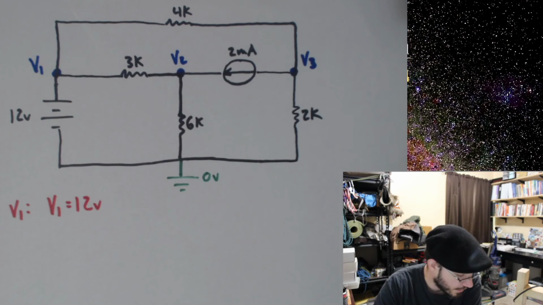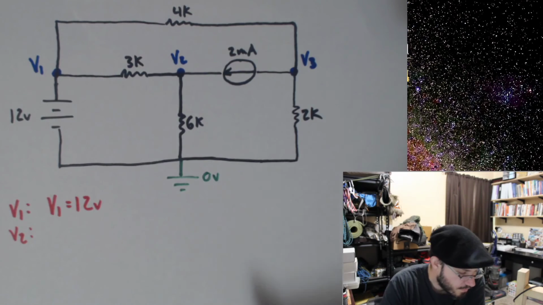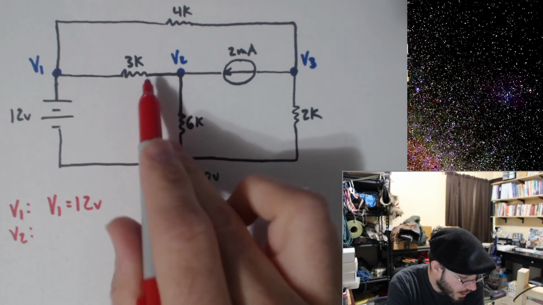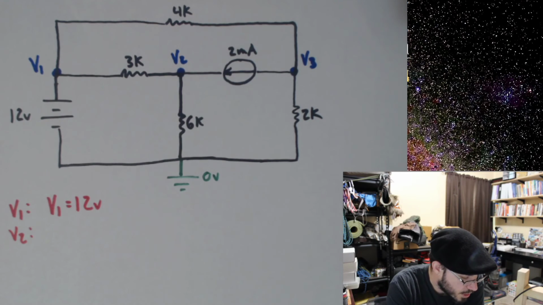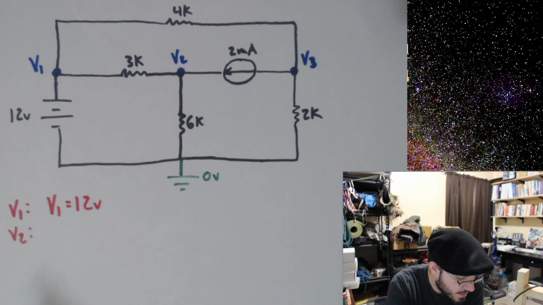All right, let's move on to V2. Okay, V2 is going to have a little more work to do. I'm going to have to write out some currents and then write out a KCL expression. So I'm going to try and pick some currents for here. If it makes sense to pick them to go in a specific direction, I will.